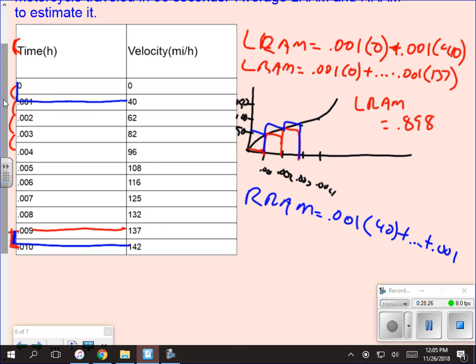My last one is a height of 142. And when you do your RRAM, you get 1.040 miles. And what's your average? What'd you get? Come on, I know somebody had to have done it. 0.969.